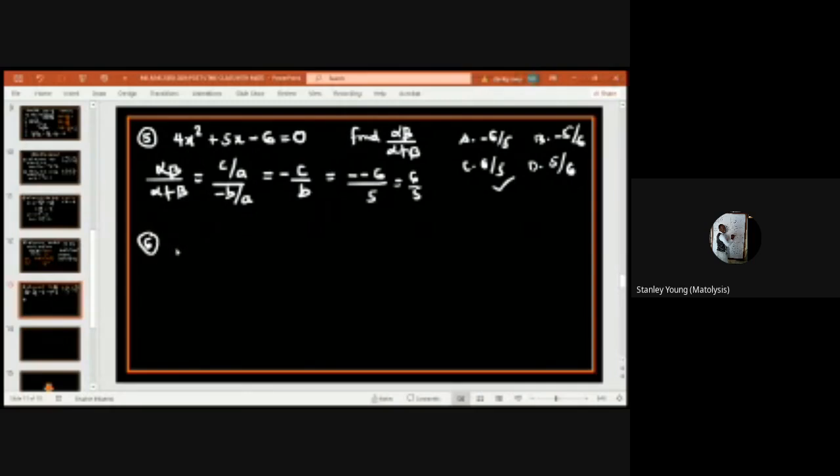Number 6, you have x squared minus 5x plus 6 equals 0. And the question is asking you to find alpha minus beta all square. Okay, some of you might struggle with this, but still tell me what you got.